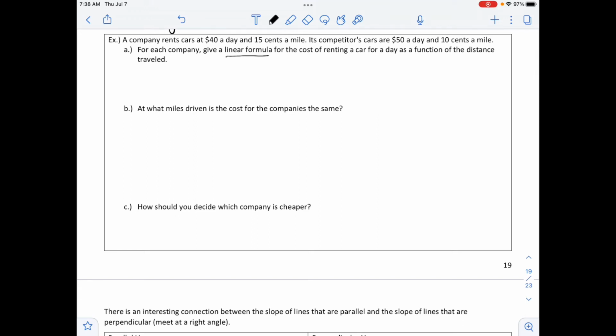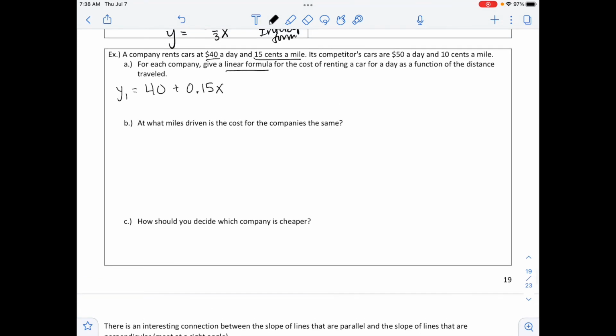So I'm going to go ahead and call company 1 y1. And so it's going to cost $40 a day plus 15 cents a mile. So we'll say $40 plus 0.15 times x, and we'll write it up above, let x equal miles traveled.